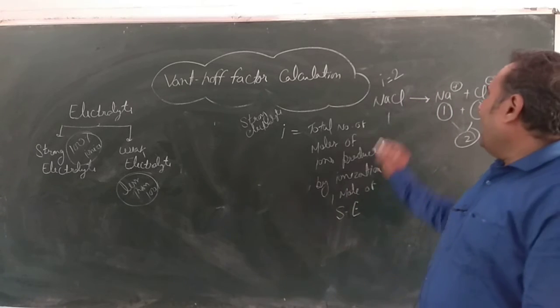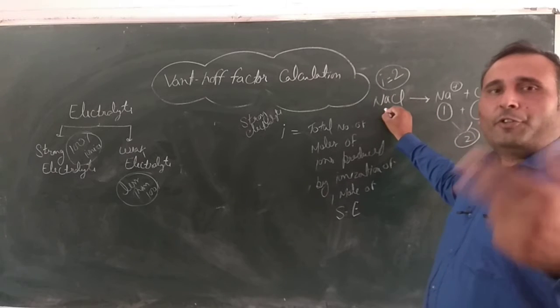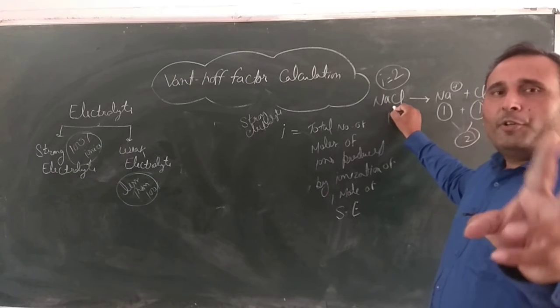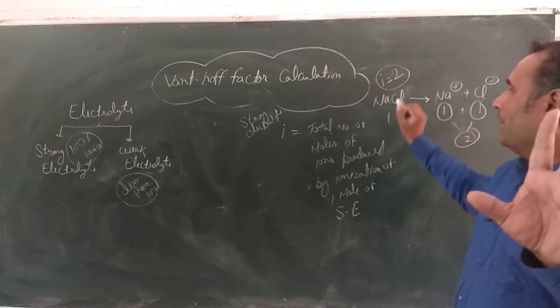So for example, i for NaCl is equal to 2 because NaCl produces 2 moles of ions.